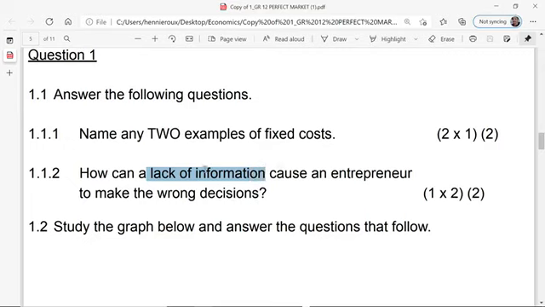So how can a lack of information cause an entrepreneur to make wrong decisions? Meaning he doesn't have enough information, and as a result of not having enough or the correct information, that can lead to someone making the incorrect choice, right? Or making the wrong decision.